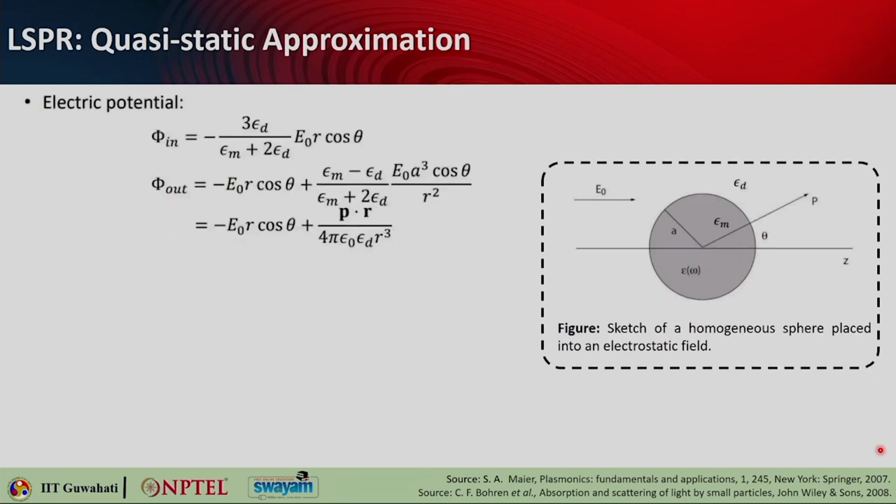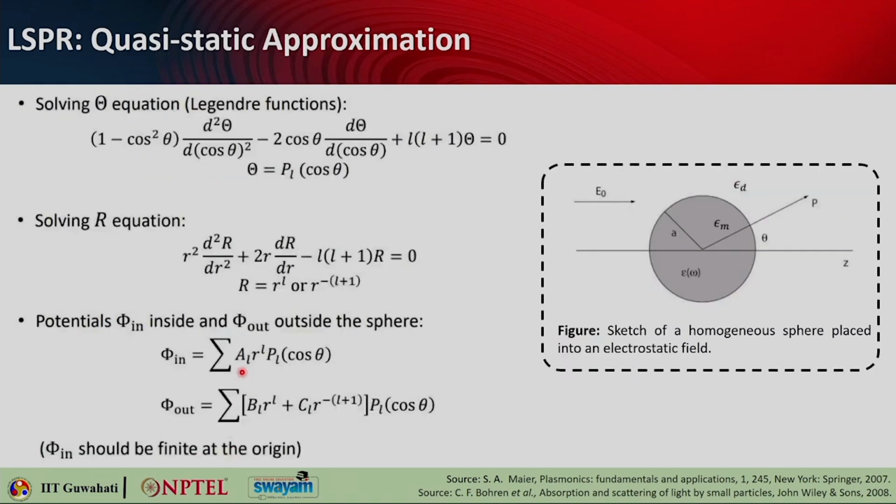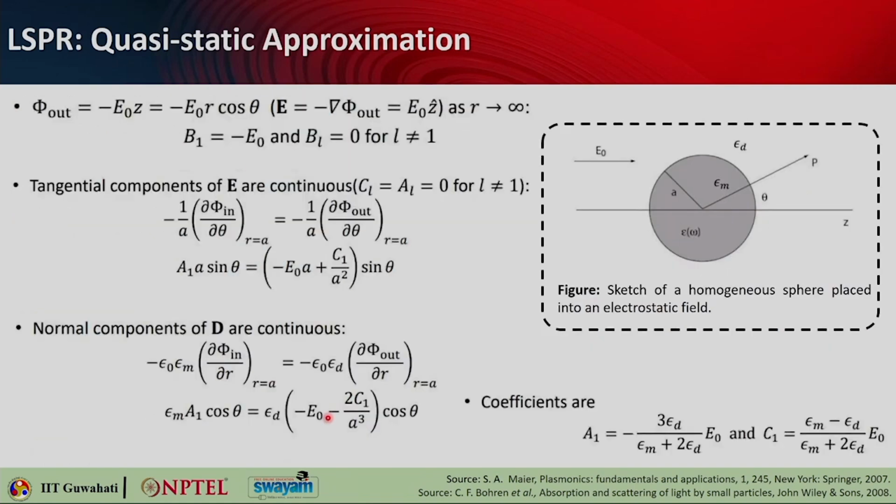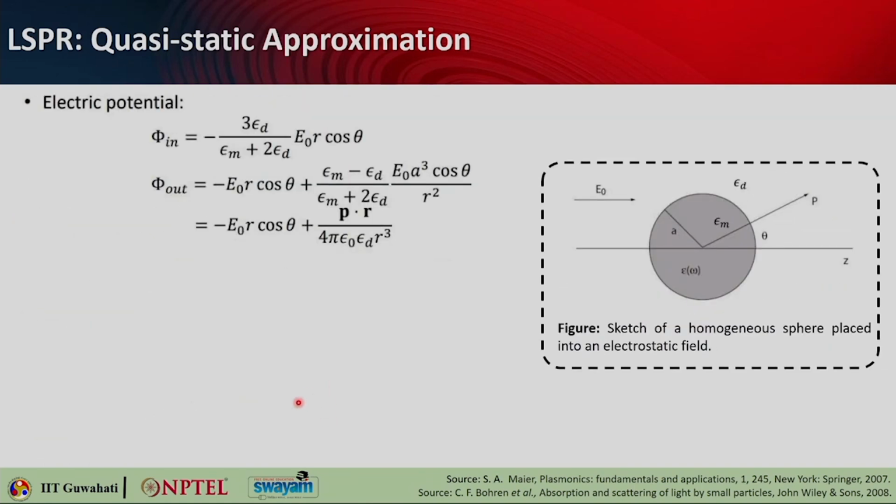So, now you are in a position to write down what is the electric potential inside and outside the particle. So, phi in is having A1 coefficient, phi out has got B1 and C1 coefficient. So, you can put those here and this is how it looks like. So, this is the potential inside the particle and this is the potential that is outside the particle.